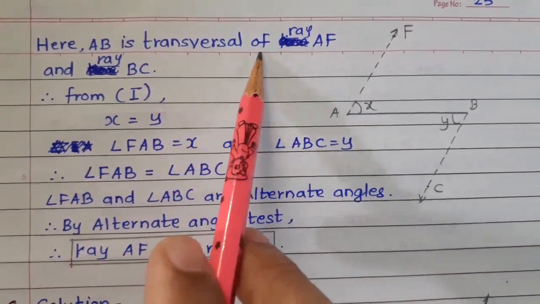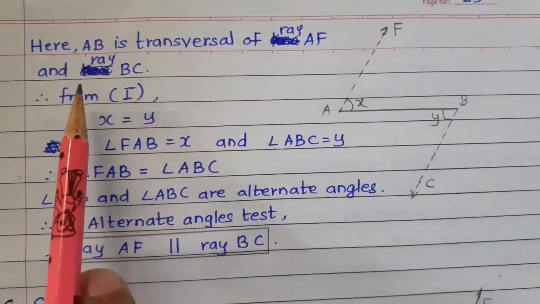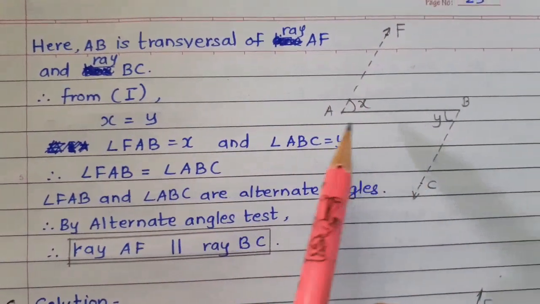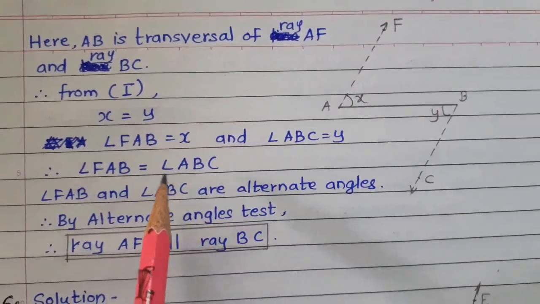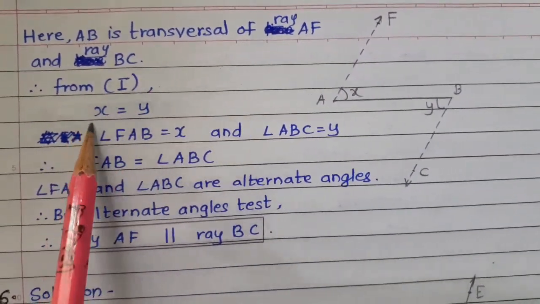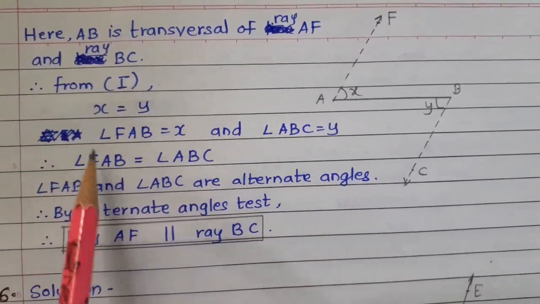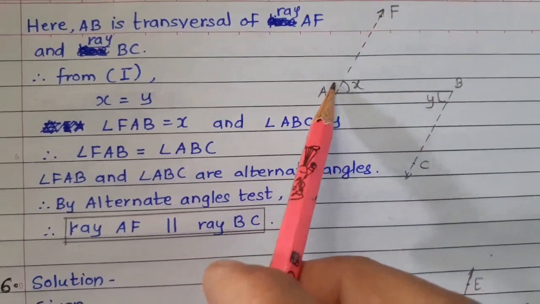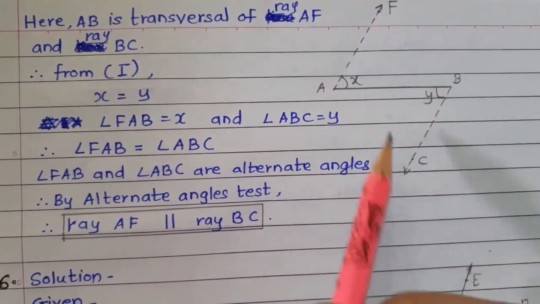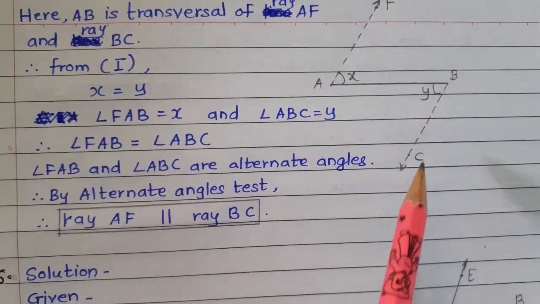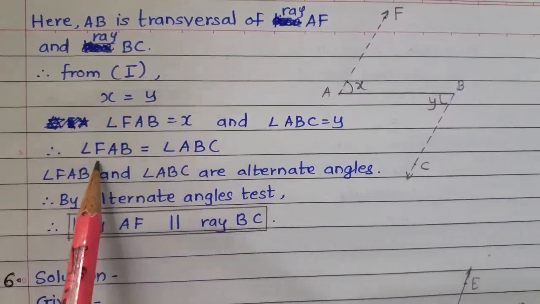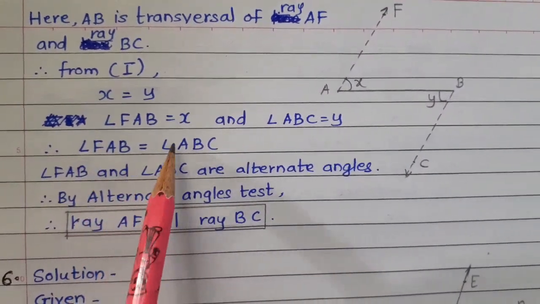AB is the transversal of ray AF and ray BC. AF and BC, and AB is their transversal. From first we have x is equal to y, where x is the measure of angle FAB and y is the measure of angle ABC. So from x is equal to y, we can write angle FAB is equal to angle ABC.